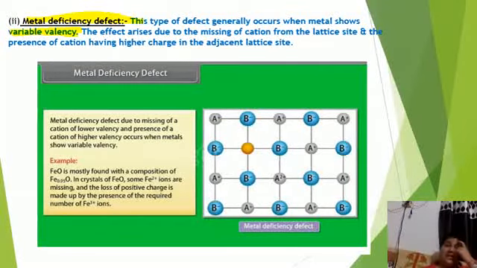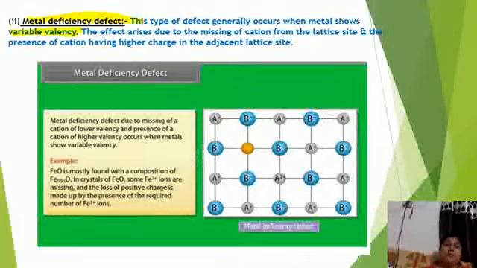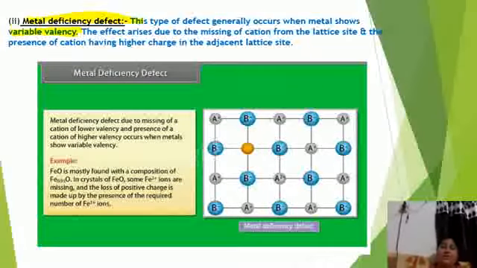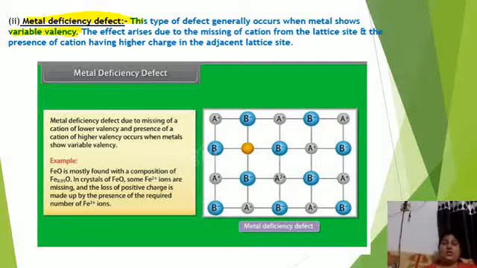Usually any element has only a single valency. But some metals have more than one valency. For example, iron shows +2 and +3 both. Copper shows +1 and +2 both. So in crystals where the metal shows variable valency, metal deficiency defect arises.